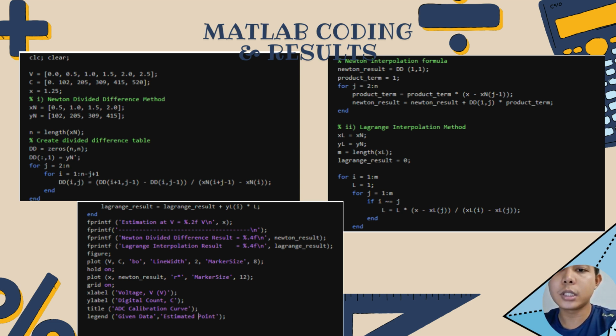For the Newton interpolation formula, Newton result equals dd 1, product term is 1. For j, we put 2 to n. For the Lagrange interpolation method, we code xl equals xn, yl equals yn, and m equals length of xl. Lagrange result equals 0.